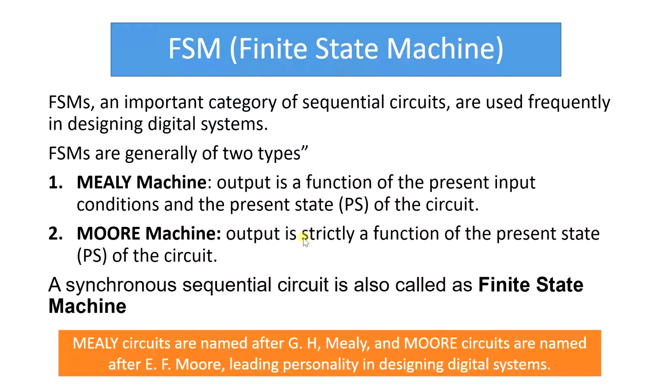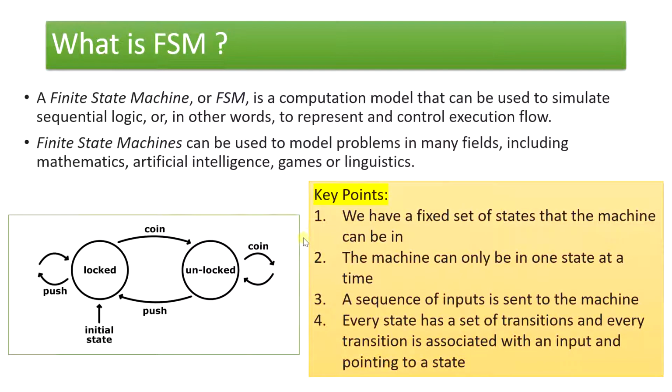Another example, if I have to give you, is in a station where we make use of the vending machine which will dispatch a ticket using a simple FSM. Now the one which I explained in the previous slide was meant for opening and closing the gate in the railway station. The next example could be using a vending machine which will dispatch the ticket when you place a coin.